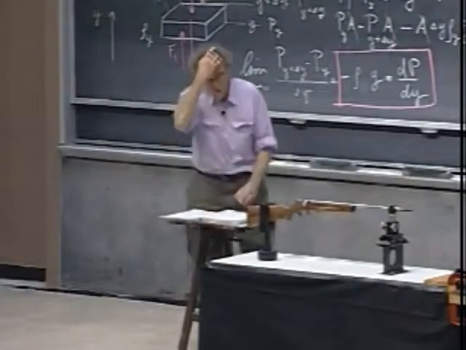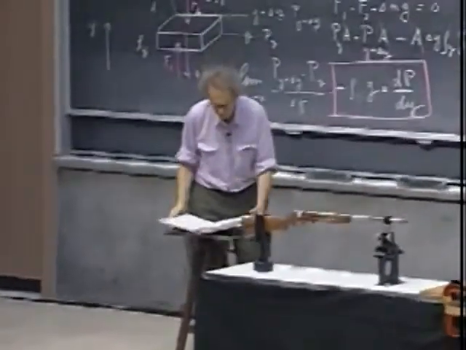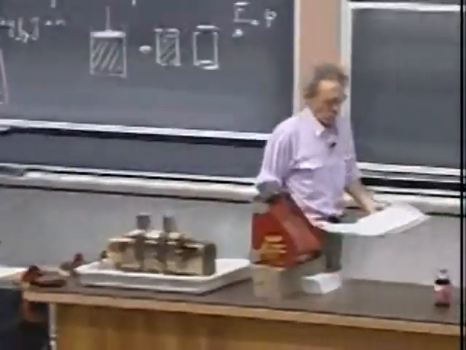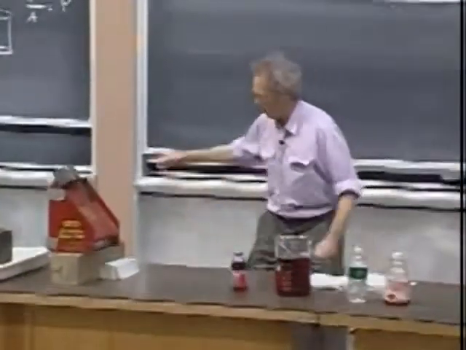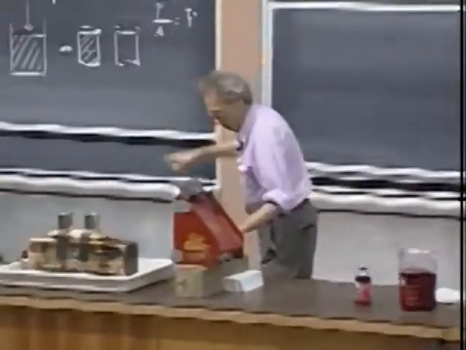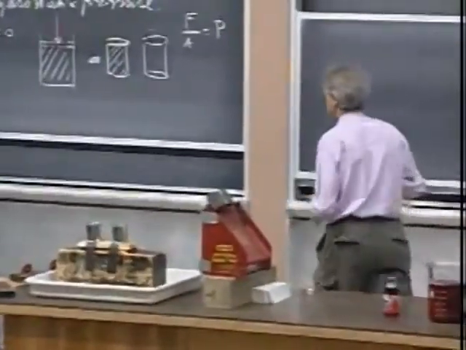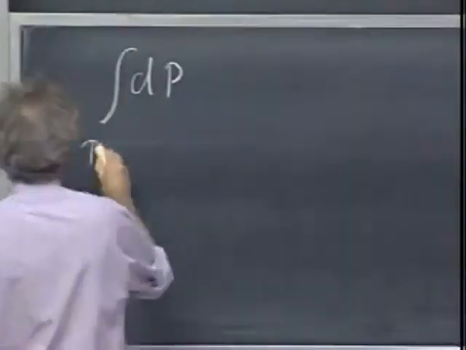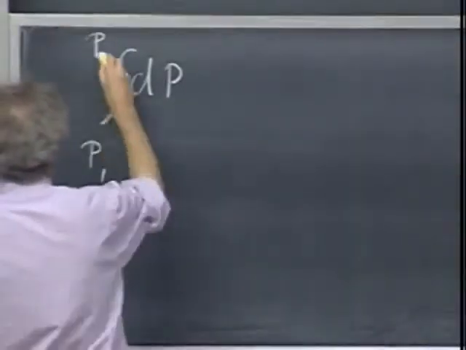I will assume from now on that liquids are completely incompressible. In other words, I can now use this law that we have there and do a very simple integration. I have now dp, which I can integrate from some value p1 to p2.